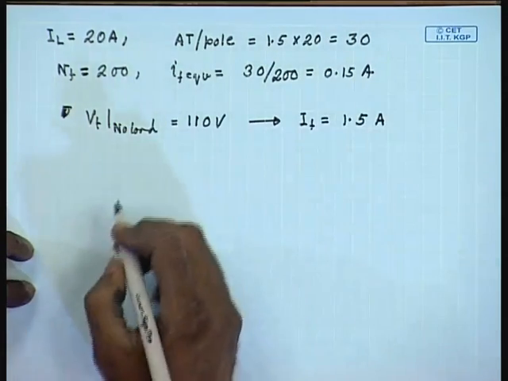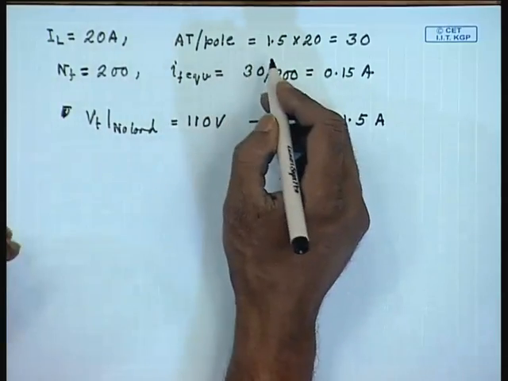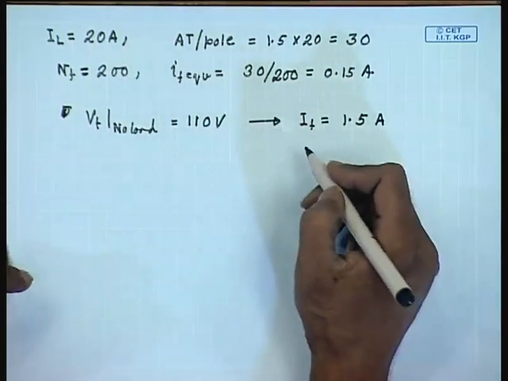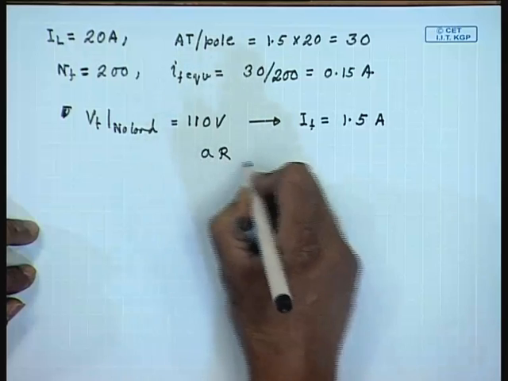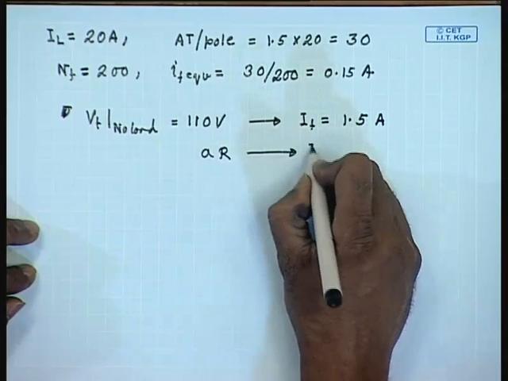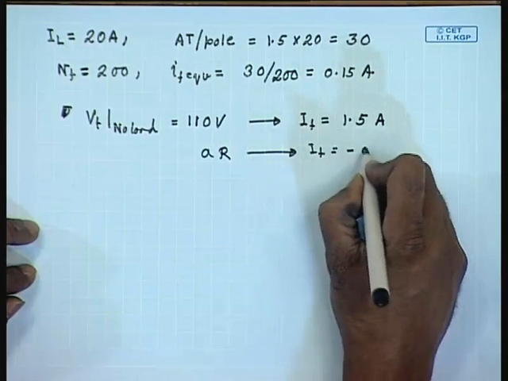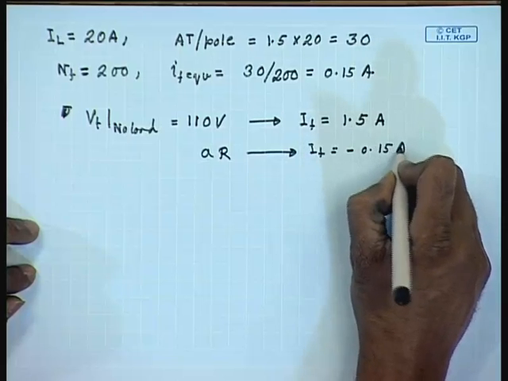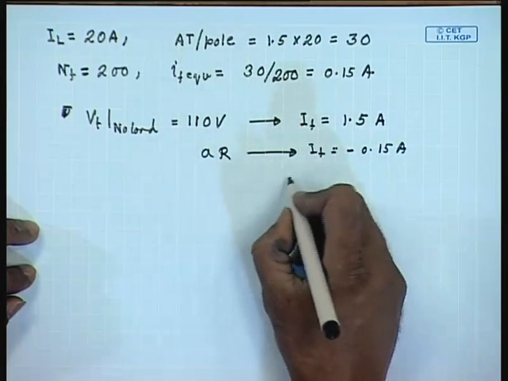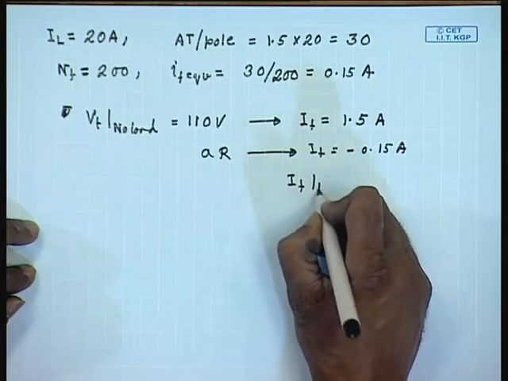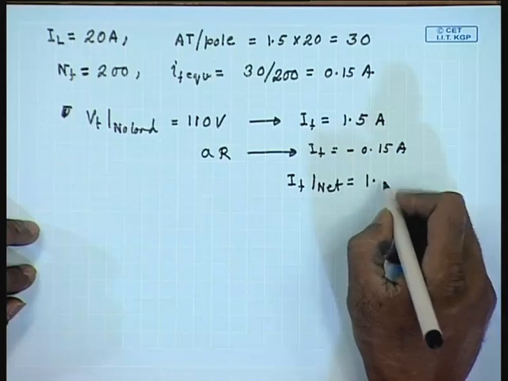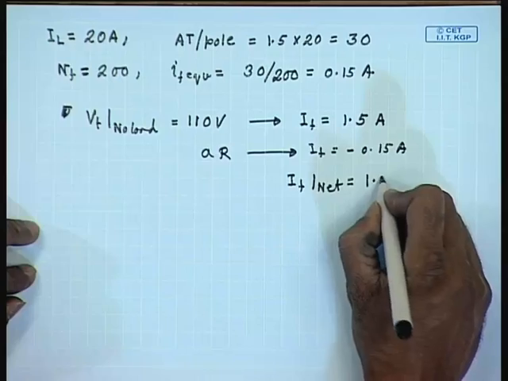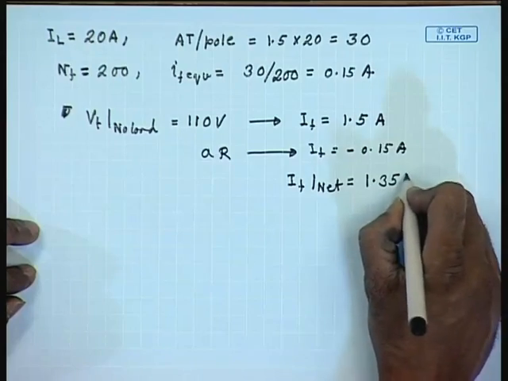The armature reaction is equivalent to a demagnetizing field current, If equal to minus 0.15 ampere. So, the effective If net equal to 1.35 amperes.